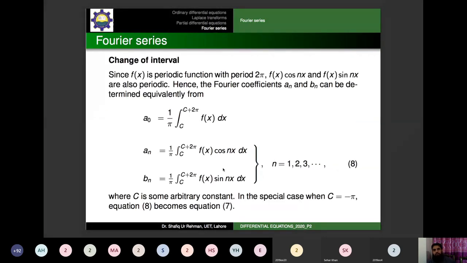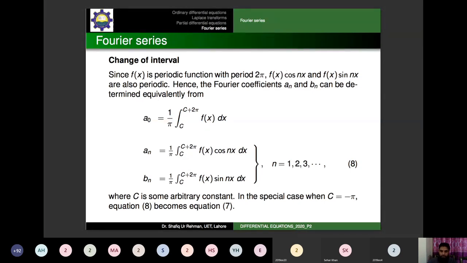Change of interval. Yes, the interval could be changed since f of x is periodic with period 2 pi. Cosine is also periodic. Sine is also periodic. So this combination, f of x cosine nx, is also periodic with the same period 2 pi. f of x sine nx is also going to be periodic with period 2 pi.